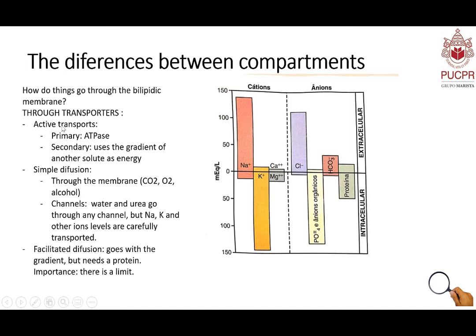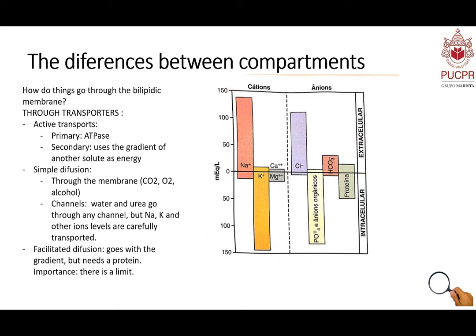When we're talking about active transports, we are talking about the substance going against its gradient. So you have to spend energy to put this substance inside or outside the cell, because it's going against its chemical gradient.